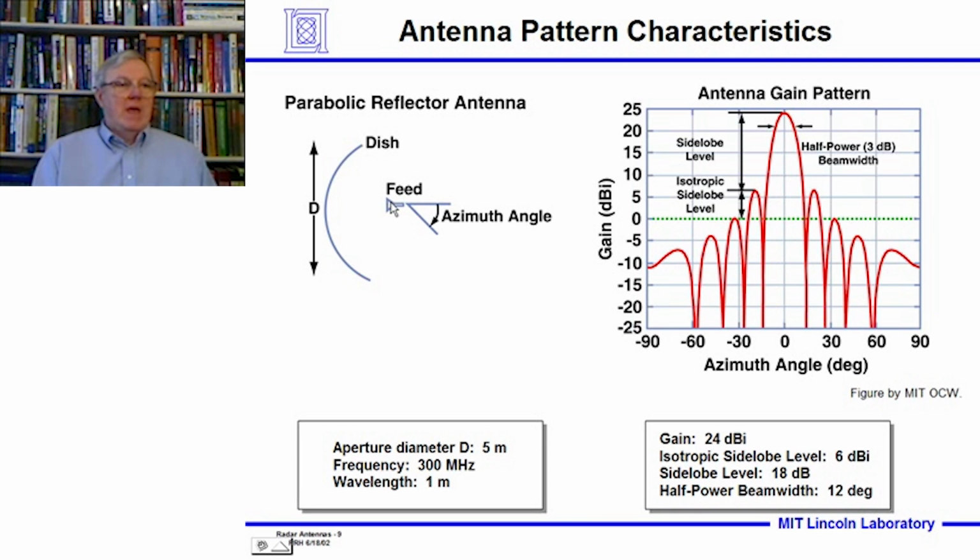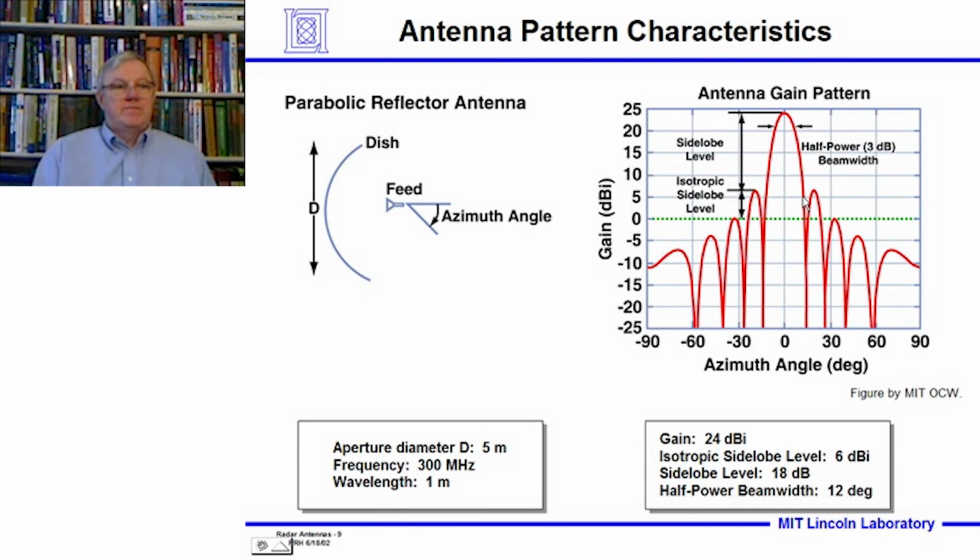Okay? And the path length from the feed to the dish and out to a point out here will all be the same, so all of the different rays will constructively add up.